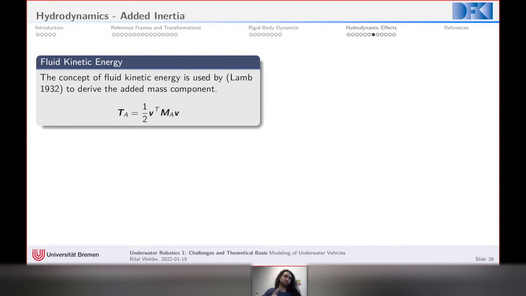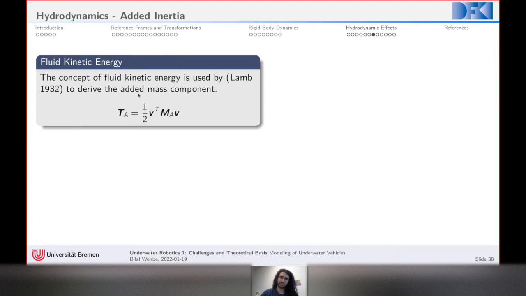However, this is not the only effect of the added mass matrix. I mean, we saw before that if a body is also rotating, it will also have an added Coriolis effect. And the way we're going to derive this Coriolis effect is by using Kirchhoff's equations, by basically just taking the kinetic energy of the fluid or of the mass moving in this fluid.